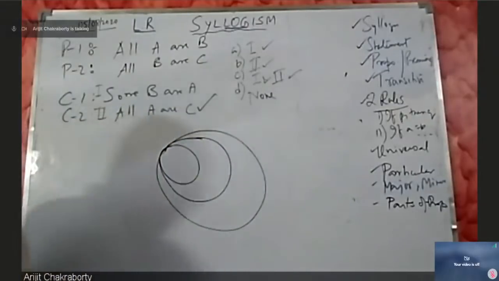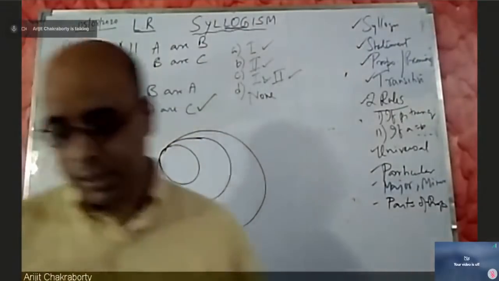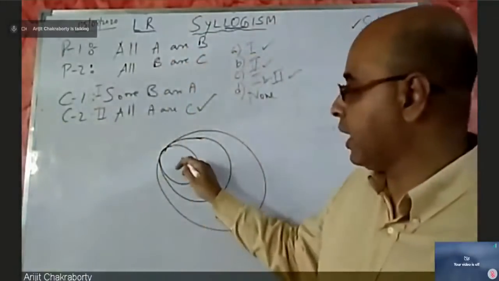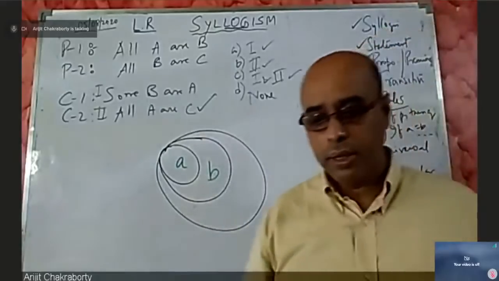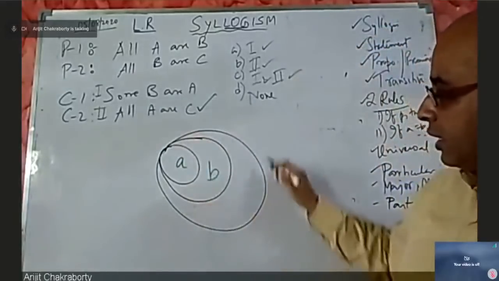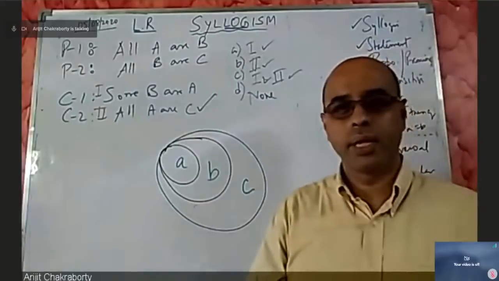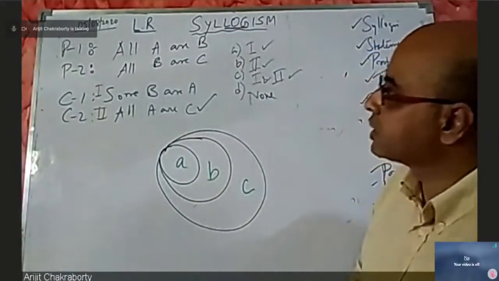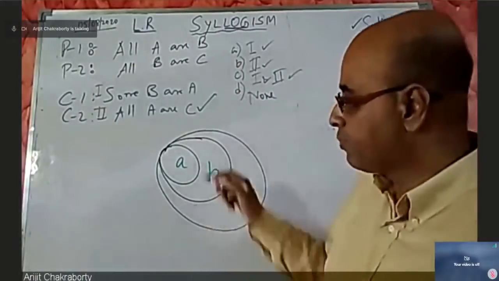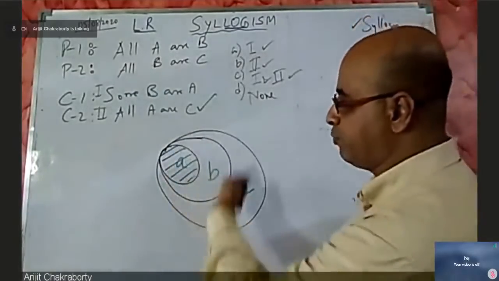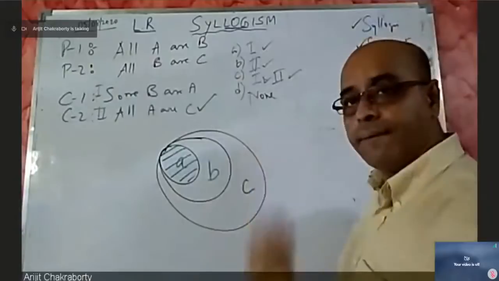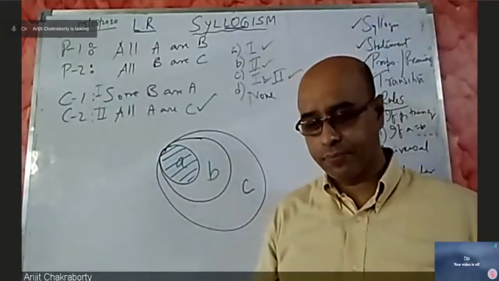Okay. So please see, the first one is A. The second circle is B and the biggest circle is C. So the question is all A are B. That means you see this A which I am now shading is part of B. So all A are B. Please see carefully.